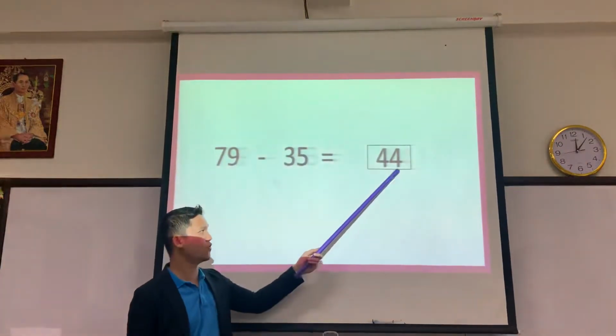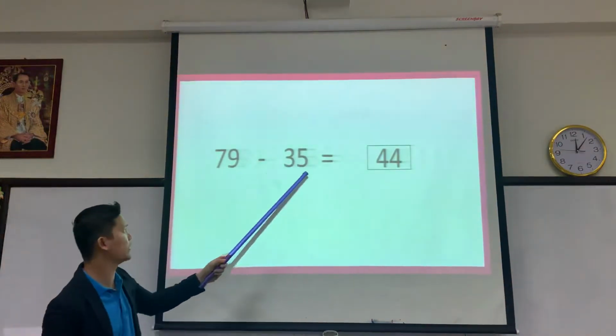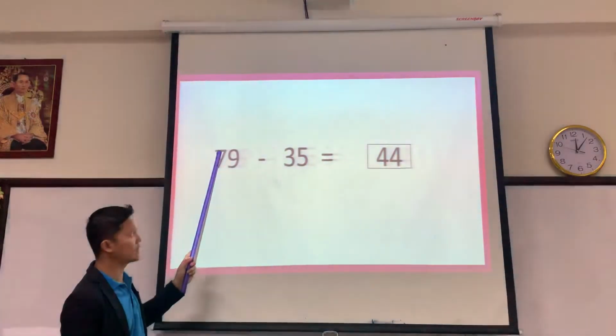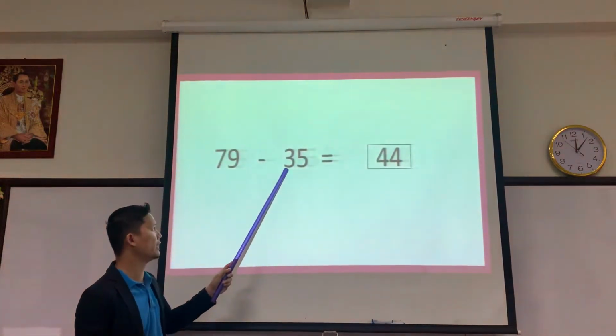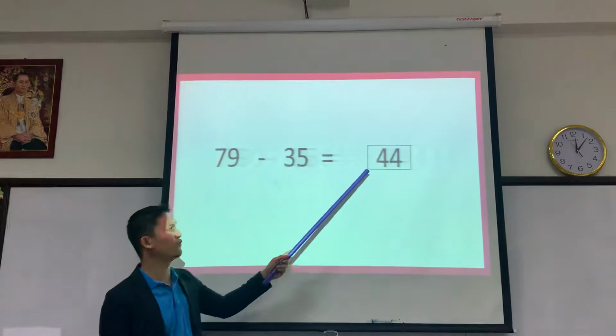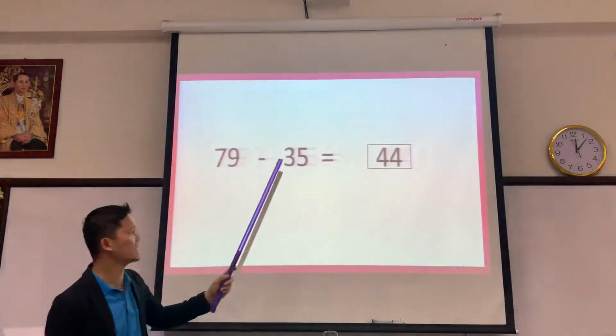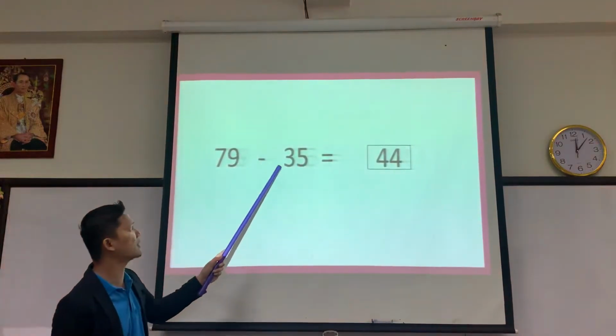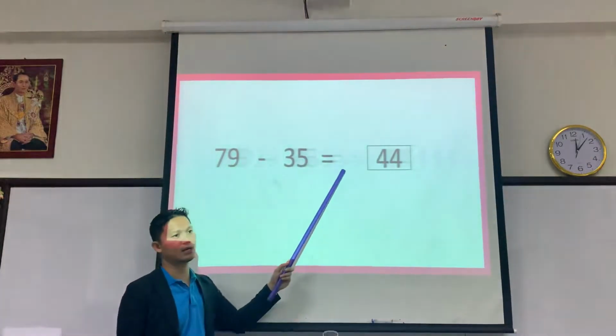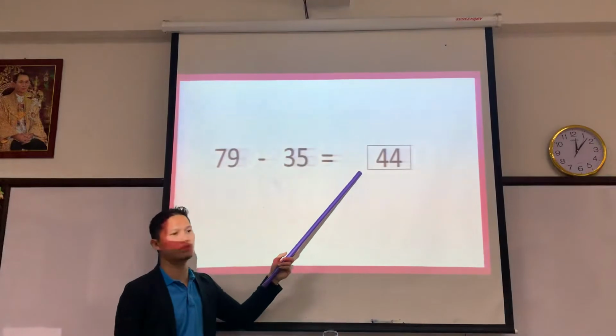Equals 4. Okay, so we go to the tens place. 7 minus 3 equals 4. So we say that 79 minus 35 equals 44.